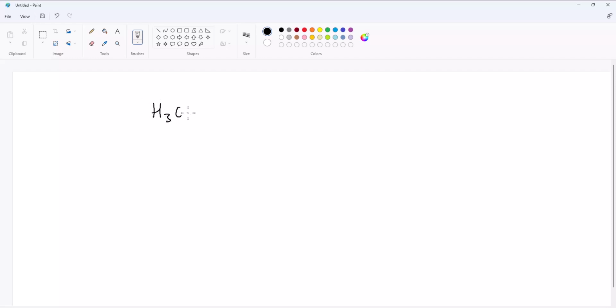So I'll draw my methyl bromide and my OH minus. What we'll see is we have nucleophilic attack on the carbon, and we have the bromide leaving. We saw this mechanism in Chapter 5. So what we'll be left with is a substitution and a loss of the bromide leaving group.